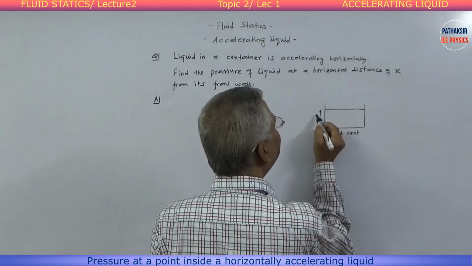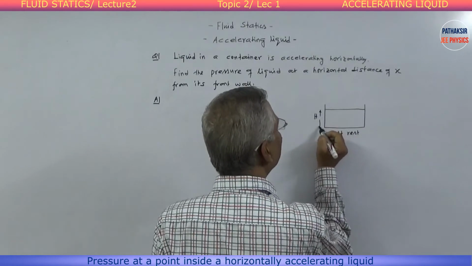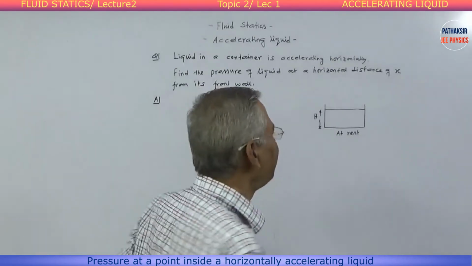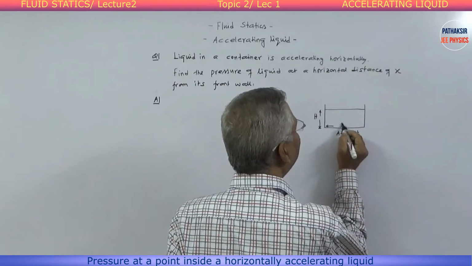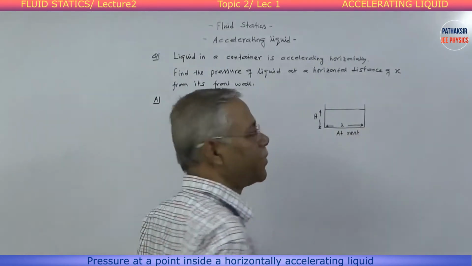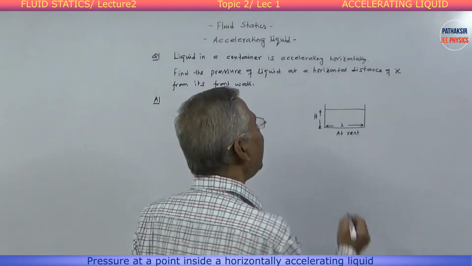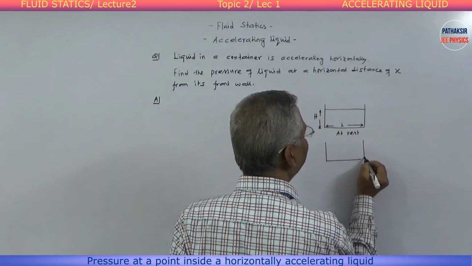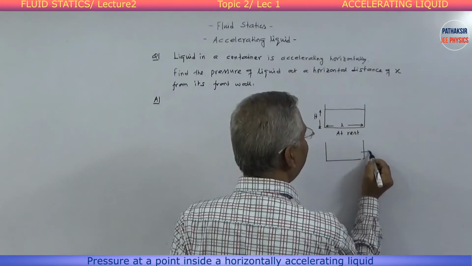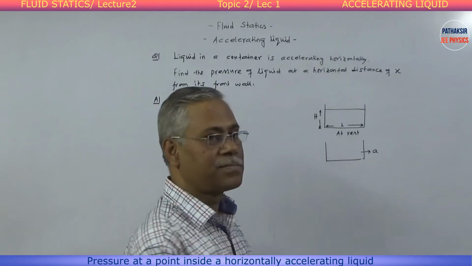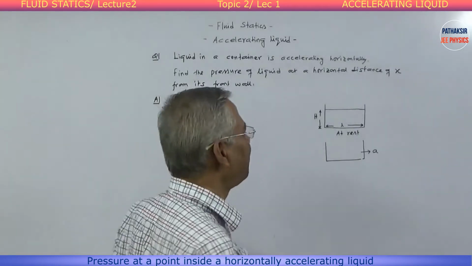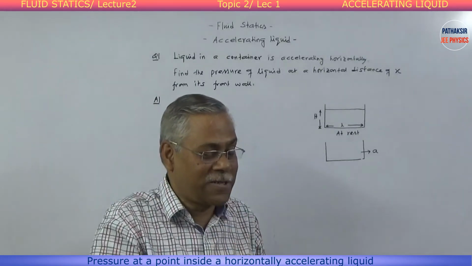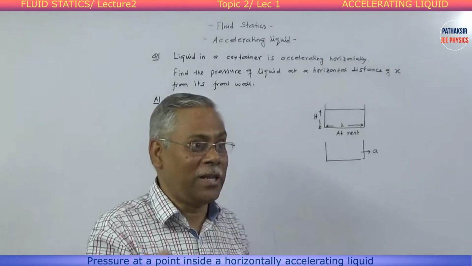This height is given as H. This length is given as L. Then it starts accelerating. Acceleration is A, at a horizontal distance of x from its front wall.